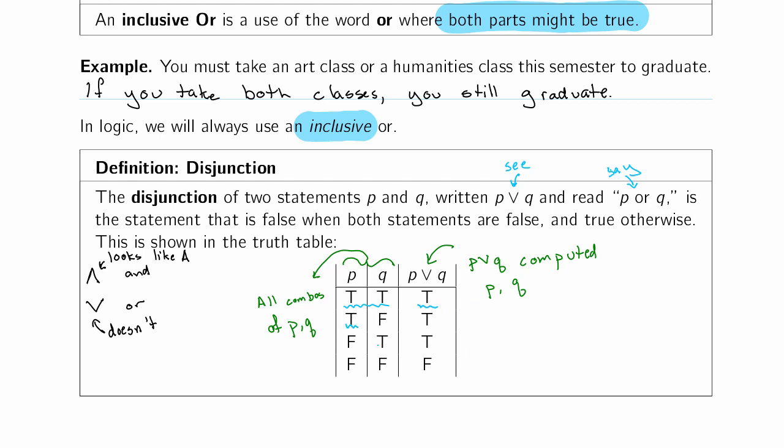Here we have just P true, P or Q is true. Just Q true, P or Q is true. But if both of them are false, that's when P or Q is false.